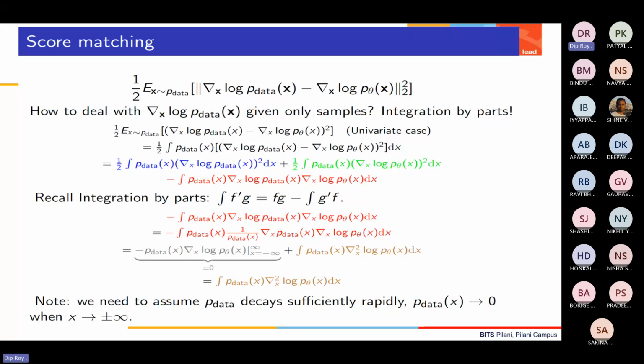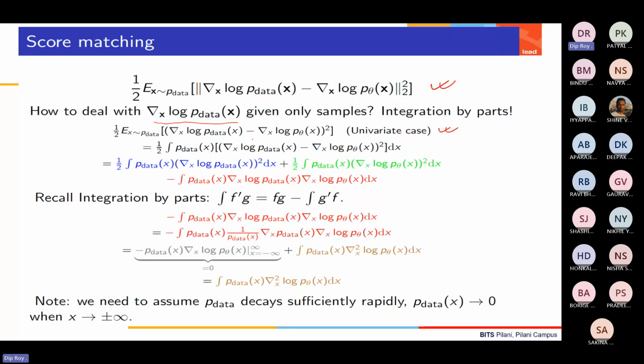Don't need to worry too much about it, but you take this particular functional form, and the question is how to deal with this log of p data x given only samples. All right. You basically integrate by parts. All right. A univariate case has been taken so that it can be explained well.